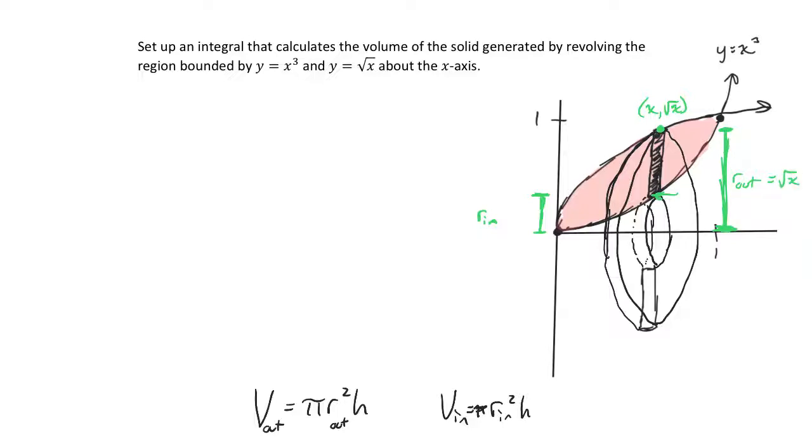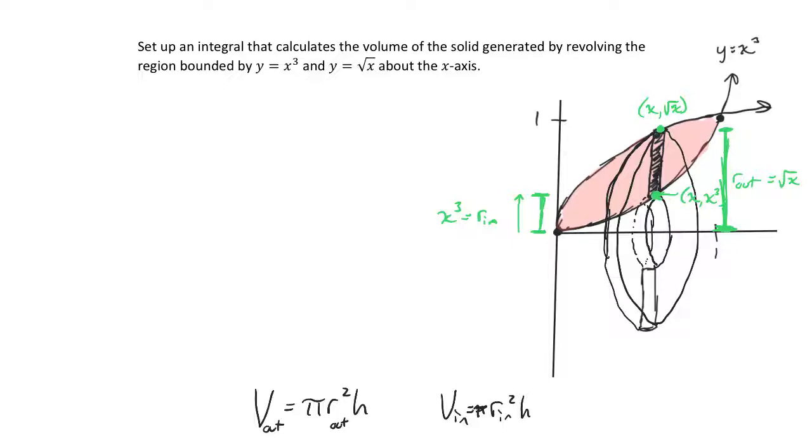On the other hand, for the inner radius, a point down here at the bottom, we start at 0. We move our way up to this lower curve. This is the point (x, x cubed). Now it might seem kind of odd that x cubed is less than the square root of x, but remember we are between 0 and 1. After we get past 1, then x cubed takes over as the larger of the two.